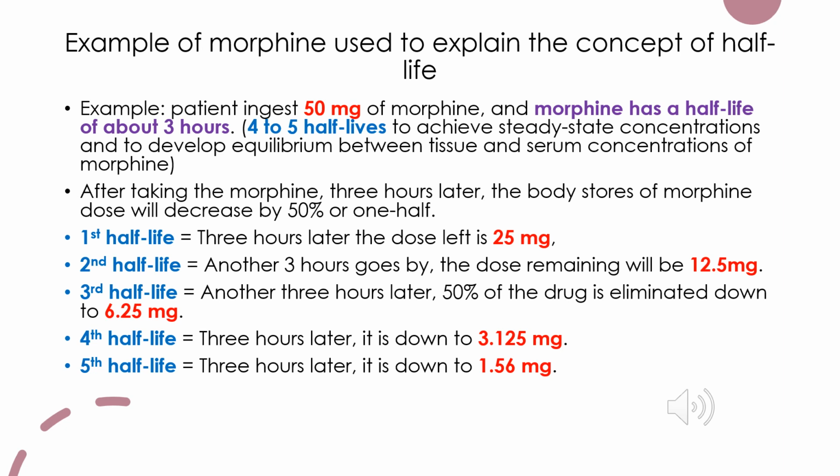Therefore, 3 hours after taking the morphine, the body stores of the morphine dose will decrease by 50%, or one-half. 3 hours later, the dose left is 25 milligrams. Then another 3 hours goes by, the dose remaining will be 12.5 milligrams. Another 3 hours later, 50% of the drug is eliminated, down to 6.25 milligrams.